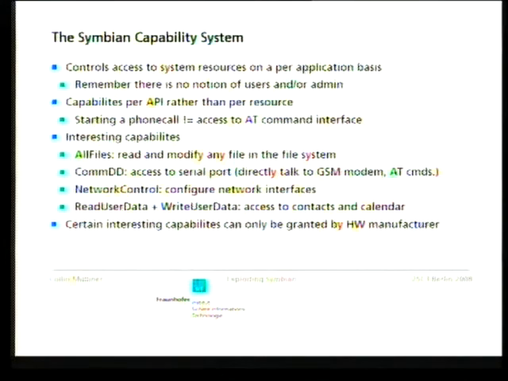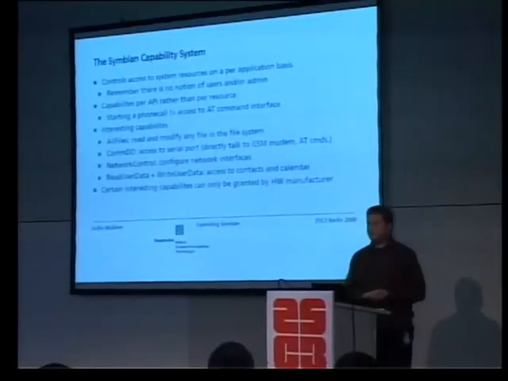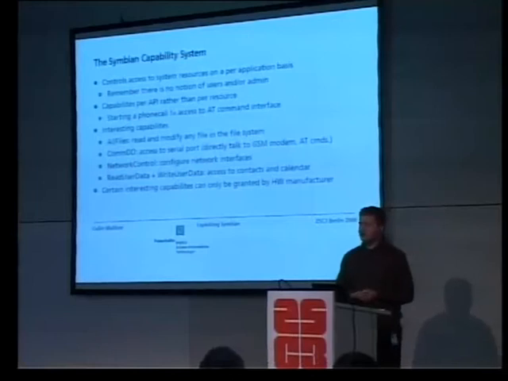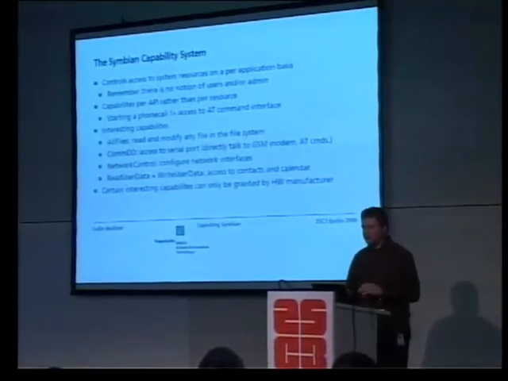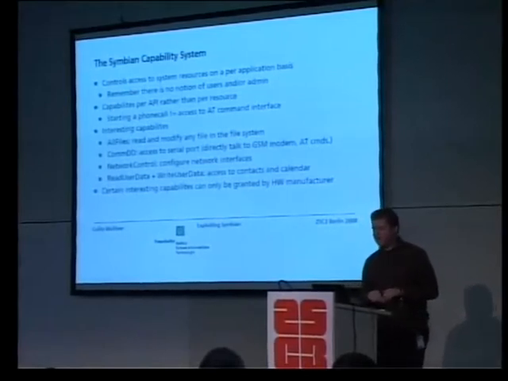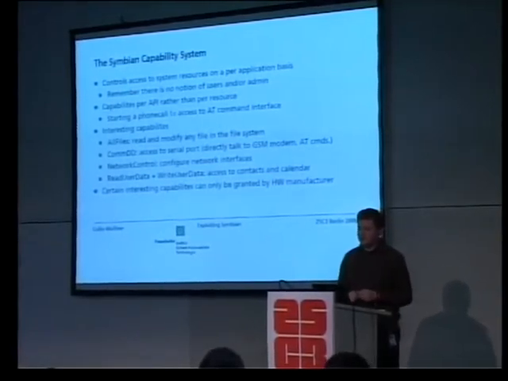So now we get to the more interesting stuff. The other stuff was more like an introduction. The Symbian capability system, as I said earlier, controls which applications can access what resources of the system. Unlike on other OSs, it's an API-based capability system rather than resource-based.